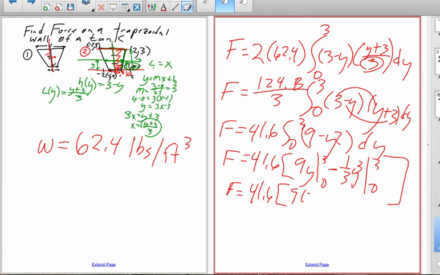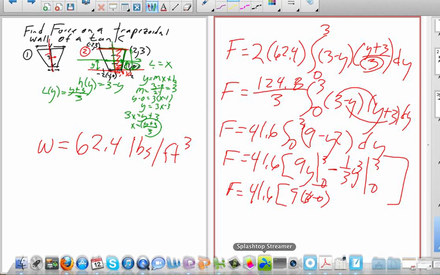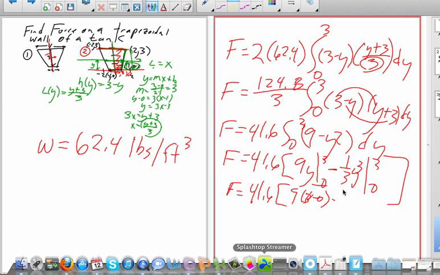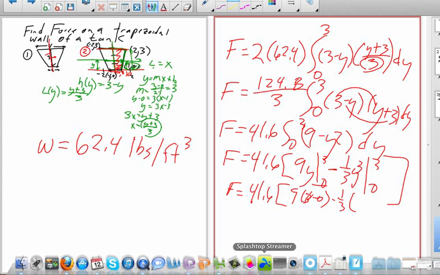But always write it out. 9 times 3 minus 0, which is evaluating this thing, minus 1/3 of 3 cubed, which is 27 minus 0.